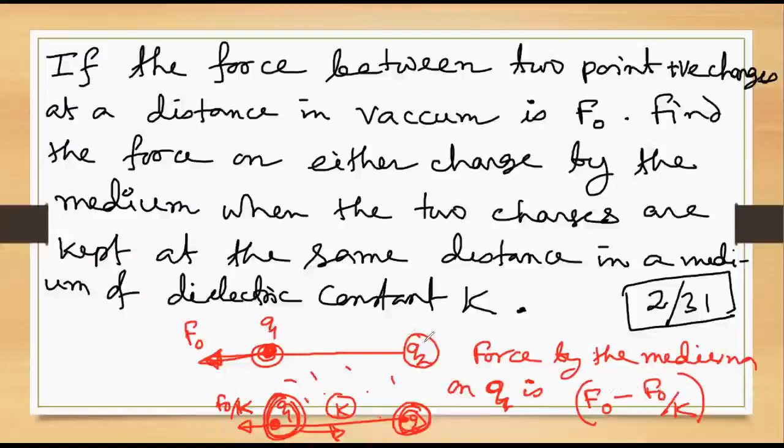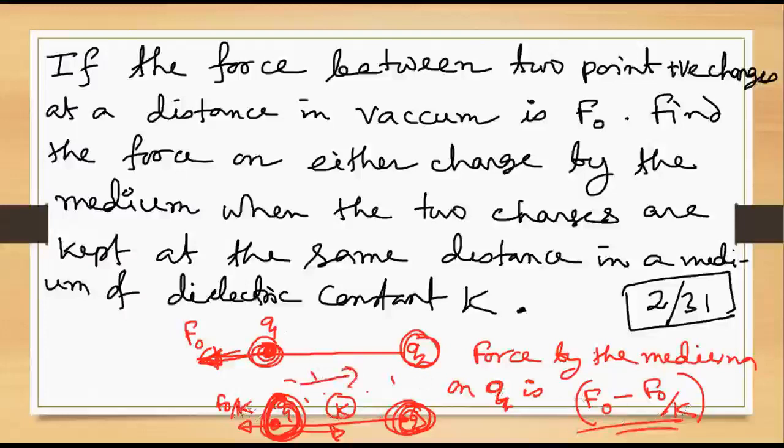Again, I am repeating, in vacuum, the force between them is F0. In medium also, the force between them will be F0 only. But it is experiencing net force F0 by K. It means the rest of the medium is pulling it rightward with this much of force.